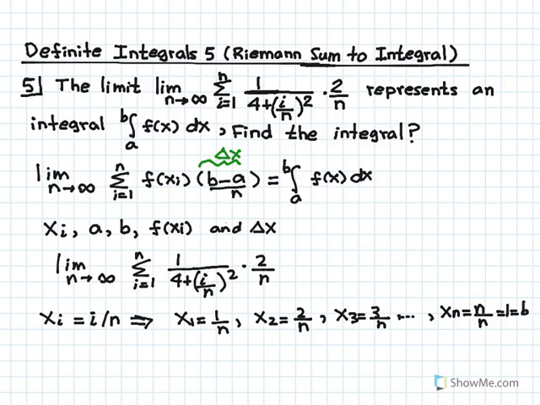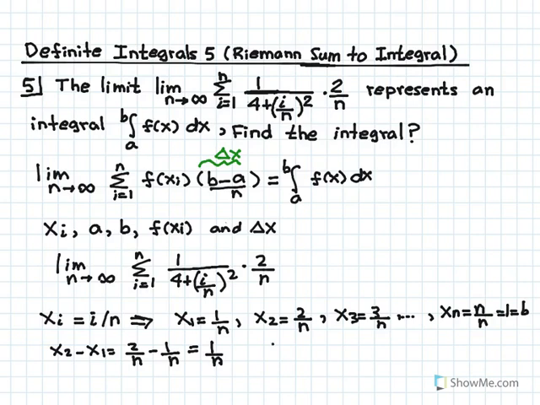Now, how do we find delta x? The easiest way is to subtract two consecutive x values, x2 minus x1, for example. That's 2 over n minus 1 over n, which is equal to 1 over n.